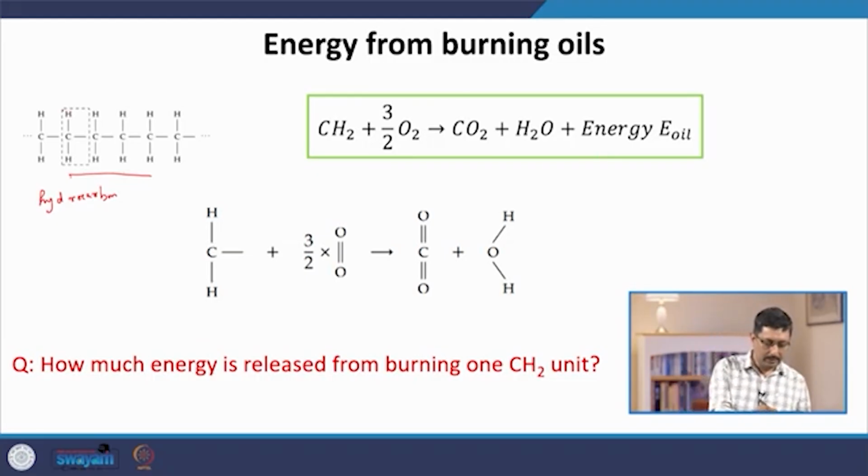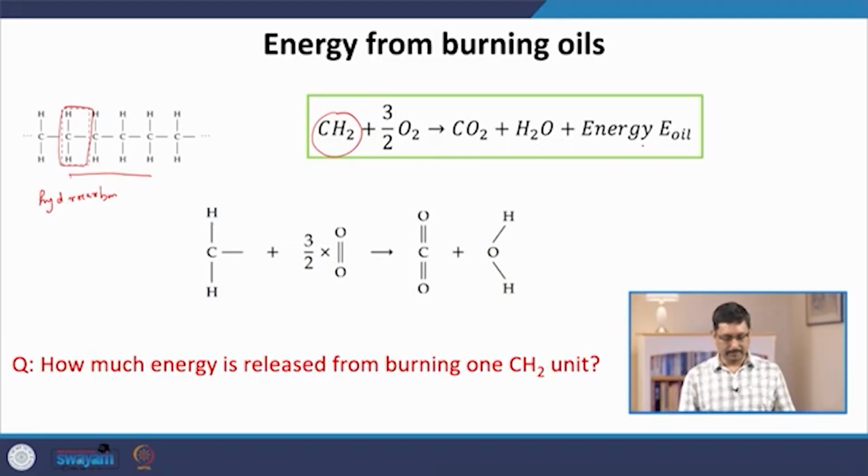So, let us take one unit of what is called the CH2 unit, which is repeating in this molecule, and this combines with oxygen and forms carbon dioxide and water vapor and releases energy, which is schematically shown here. This CH2 unit combines with oxygen, and this factor of 3/2 comes from balancing the equation on both sides, and it produces carbon dioxide and water, and this releases energy, which we call epsilon oil.